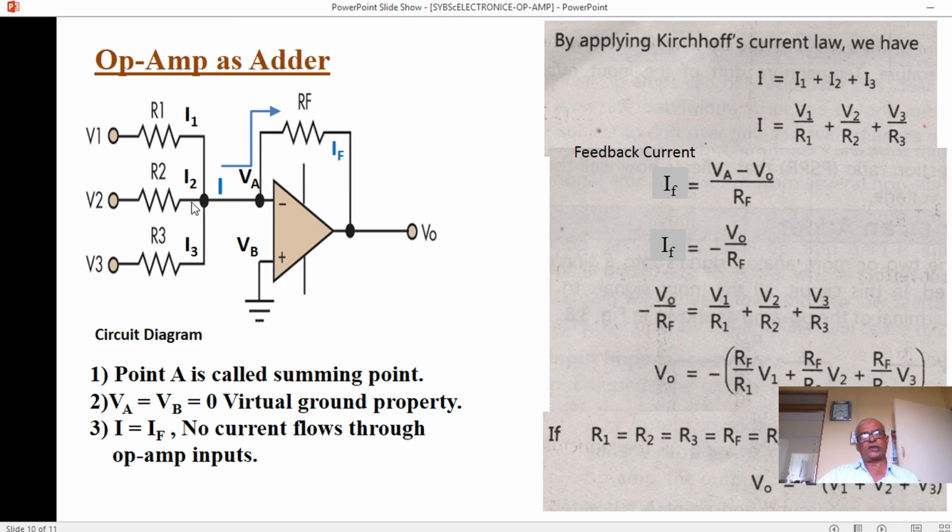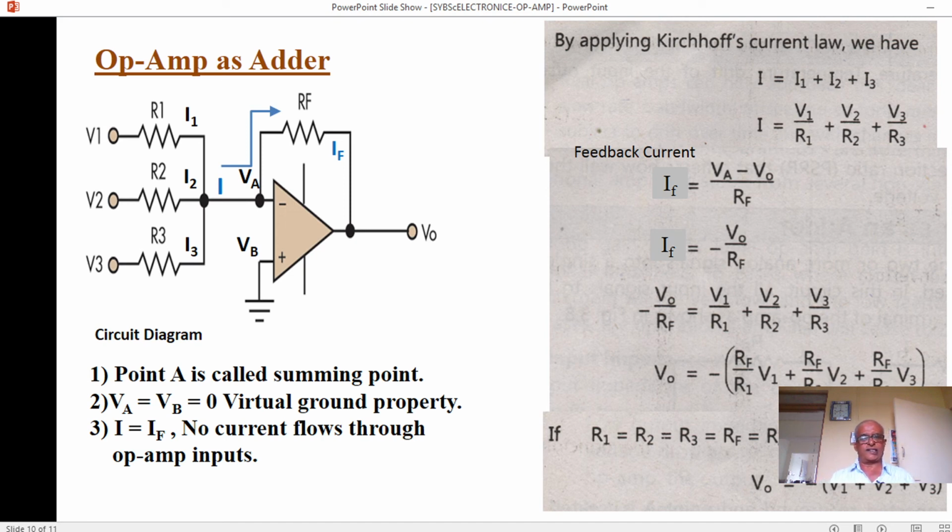Now the input is the combination of three voltages. Voltage V1 is connected through resistance R1, V2 is connected through resistance R2, and V3 is connected through resistance R3. Let us assume that I1, I2, I3 are the currents flowing through these. Due to these three voltage sources, all these currents flow in total as I towards the point A. But the same current will flow through the feedback element, because current is not allowed to flow through the op amp, as given by the golden rule.